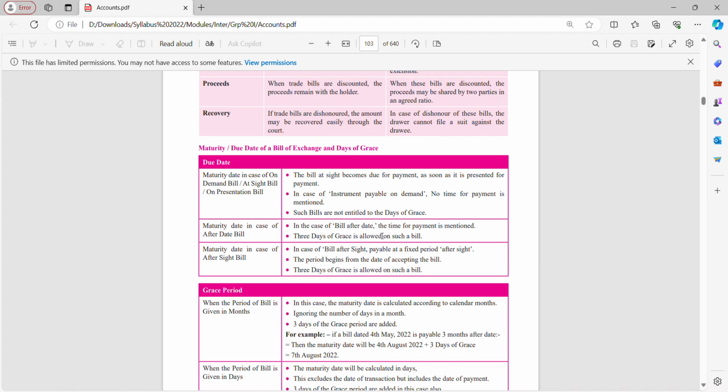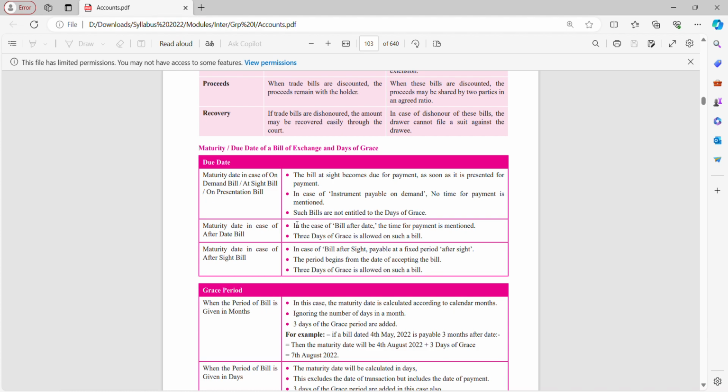So bill after date, the time for payment is mentioned. 3 days of grace, that's what we discussed. 27th Feb to 27th March. To that we have to add 3 days of grace. We will get our maturity date in case of after date bill. So such type of thing is not mentioned for at sight bill.